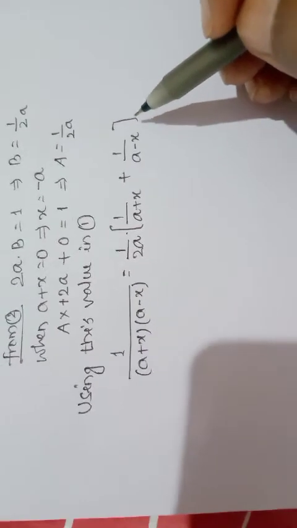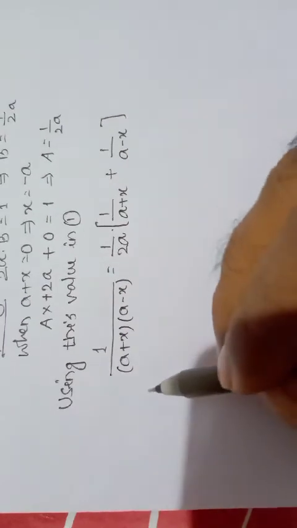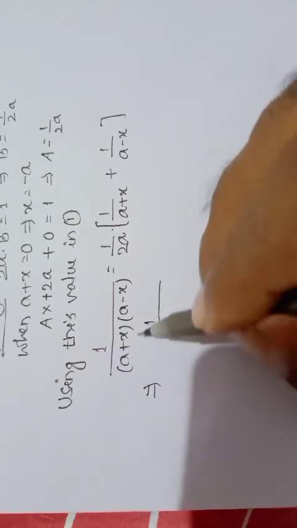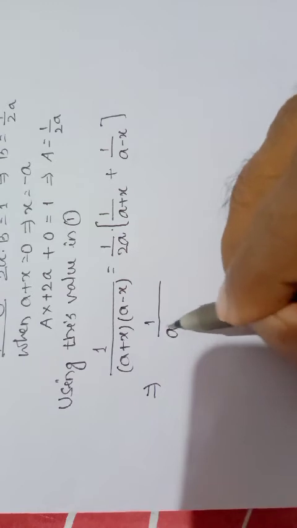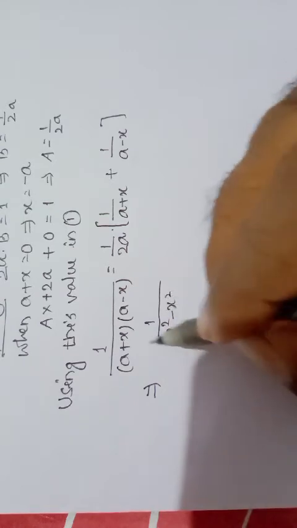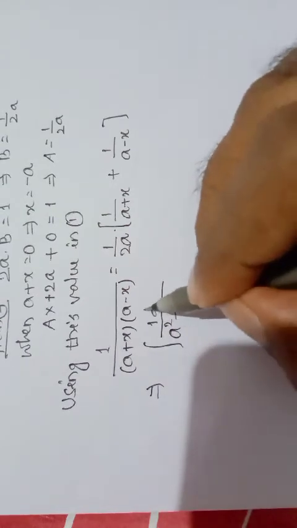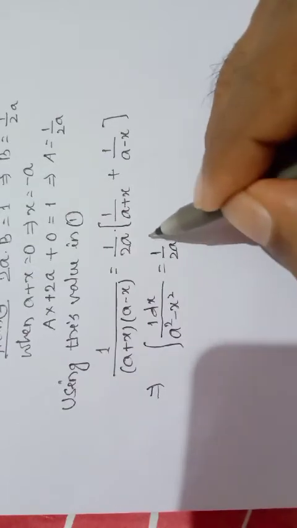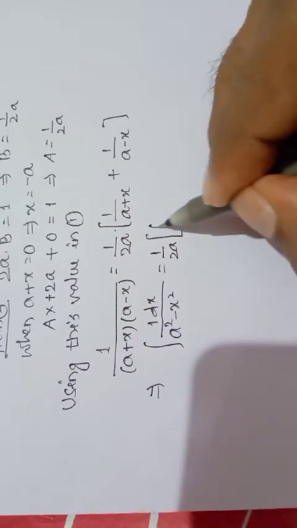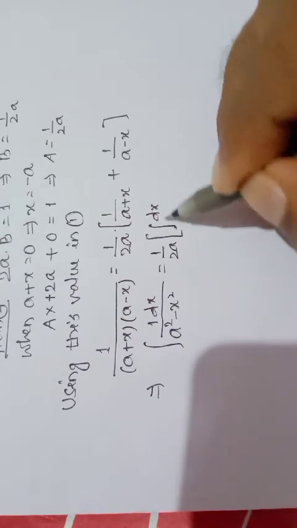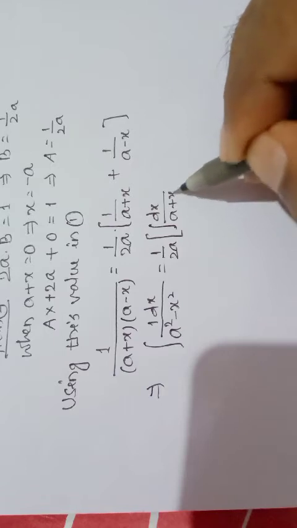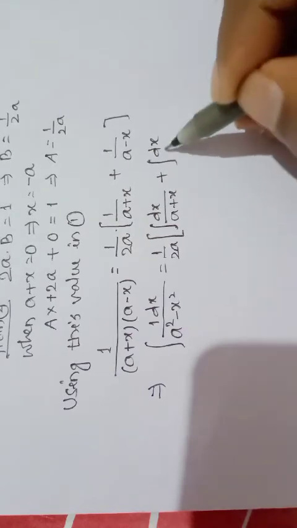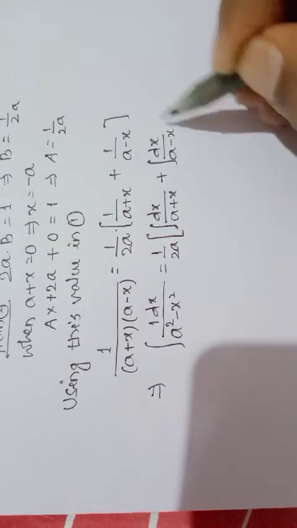Now integrate both sides. So integrating both sides, in the LHS we write this as a square minus x square. Now integrate dx. 1 by 2a is a constant, so we take it outside the integration. Integral of dx upon a plus x plus integration of dx upon a minus x.